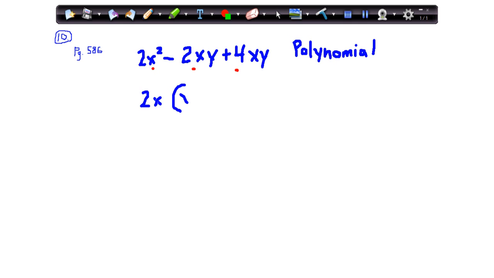Okay, so now you can see we factored the first term. Look, 2x times x is the same as 2x squared. When we say x squared, this x and this 2 mean x times x.